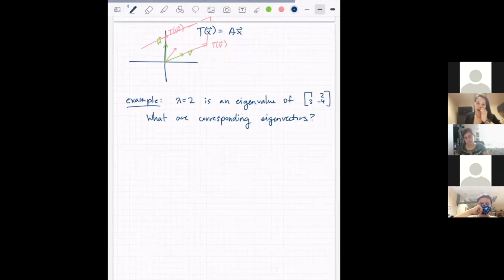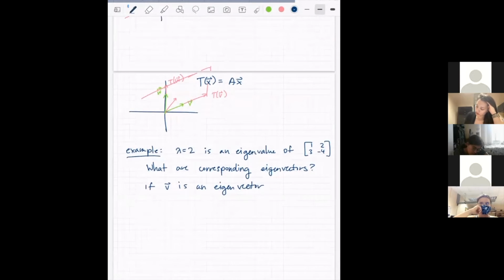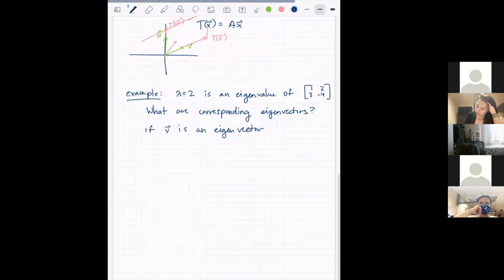So if v is an eigenvector, then we have this equation: A times v is equal to lambda times v, where lambda is 2, so let's just put in 2 there.